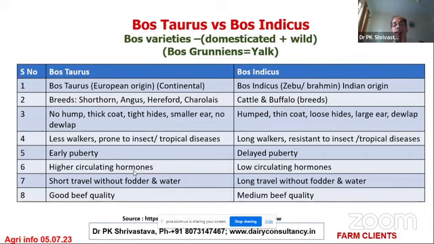Similarly, the tight hides, and they are very stout animals. And our animals are bony animals. You can see the bones, you can locate the bones on the body like that. So they are walkers. Why was the hump created? Because there was no depth of water for those animals, the A2 animals. A2 animals were living in the heat and there was water scarcity.